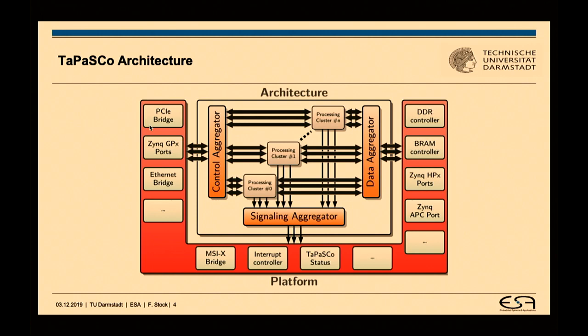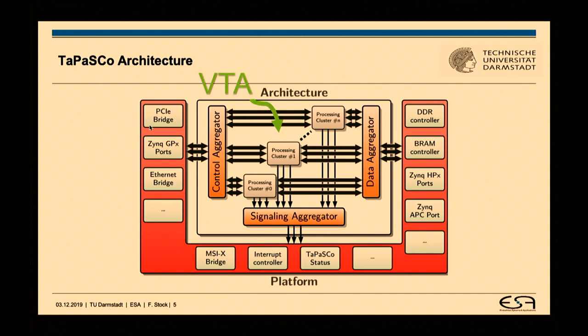He just says which kernels he wants and how many of them, and then these are instantiated as processing clusters, as they are called here on the graphics, and they communicate with the rest of the platform with a DDR controller or with a BRAM, available to everything via infrastructure which is provided by TaskTabasco.